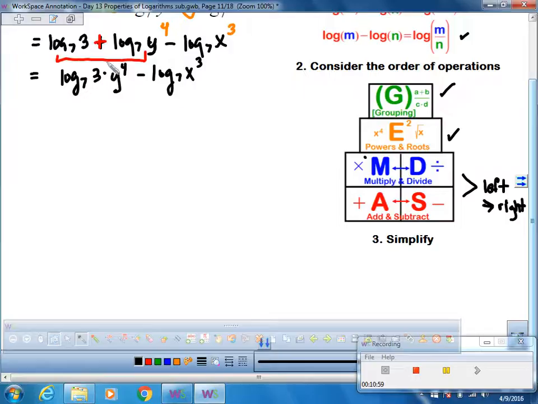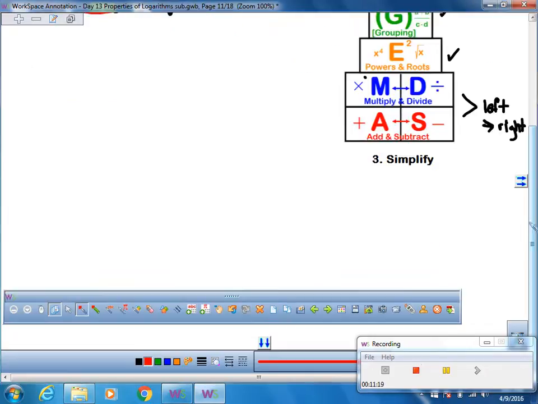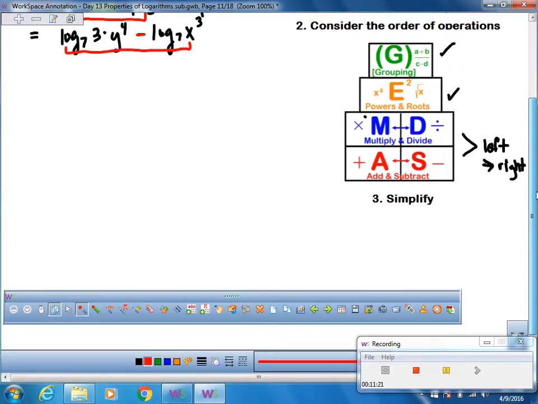Okay, so on my next step I'm going to go ahead and simplify this, but now I look at this and I say, okay, now I've got a subtraction sign. That's the last thing I've got. So I'm going to turn these two logs into a single log. Bring it up just a little bit.